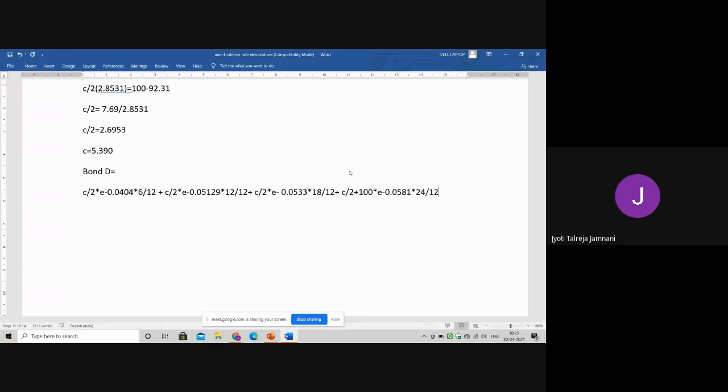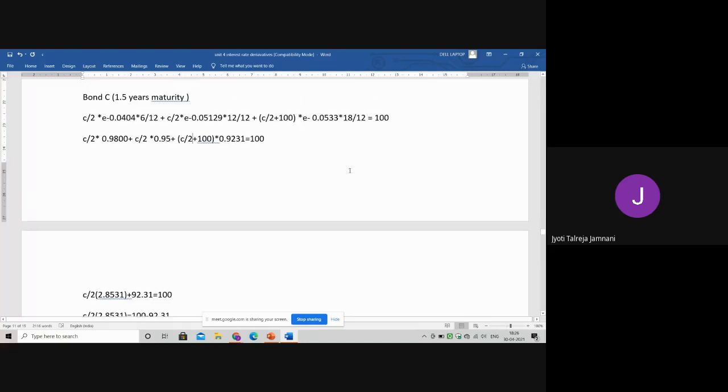into 24 by 12. So first one, if we solve, C by 2 into 0.9800, plus second one, C by 2 into 0.95, plus third one we had got C by 2 into the previous sum we got till third period, 0.9231.